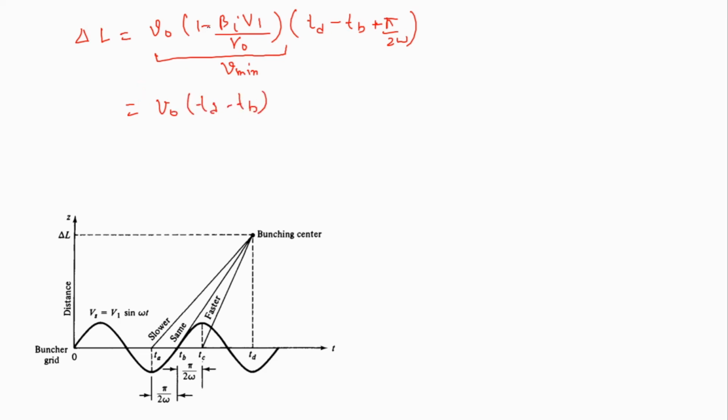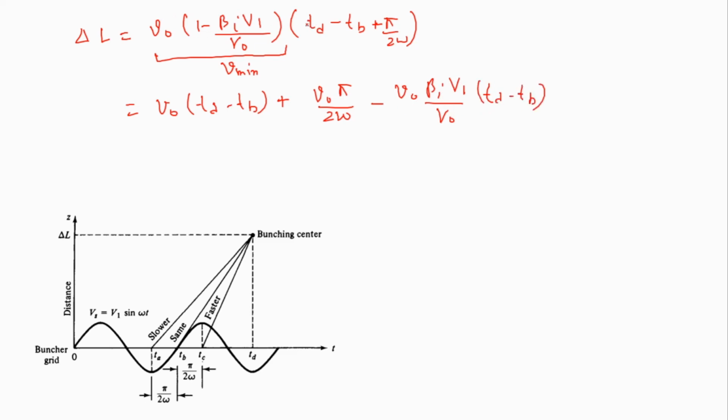Just take V0 into 1 into TD minus TB, plus we have V0 into 1 into pi by 2 omega. So we'll have V0 into pi by 2 omega. Again we have V0 into beta I V1 divided by V0, with a minus sign: minus V0 into beta I V1 divided by V0 into TD minus TB.